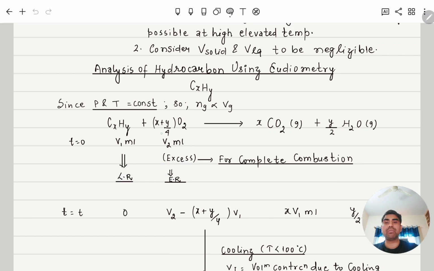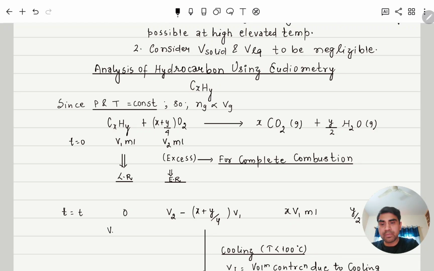From here we do volume analysis: volume of O2 divided by its stoichiometric coefficient is equal to volume of hydrocarbon divided by 1. So the volume of O2 consumed is x plus y by 4 into V1. Are you understanding? We do volume analysis like this.